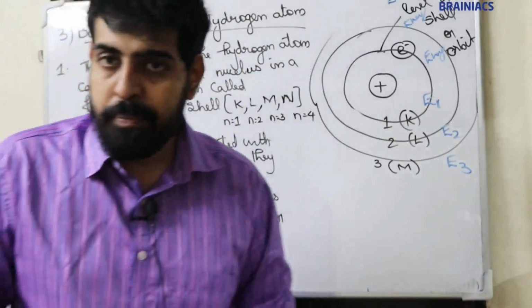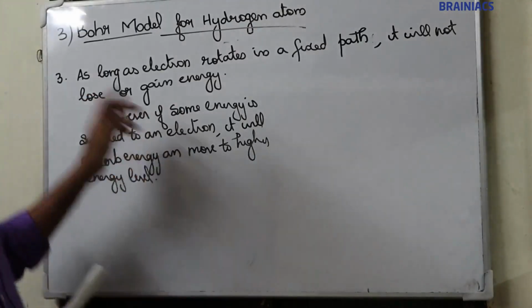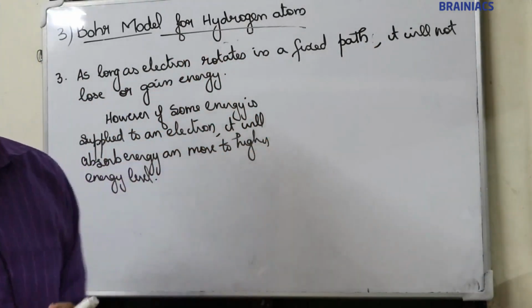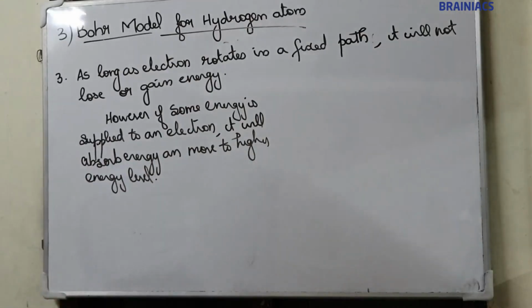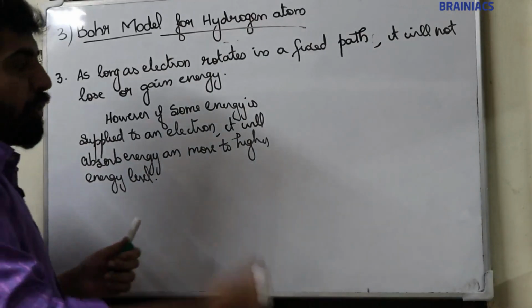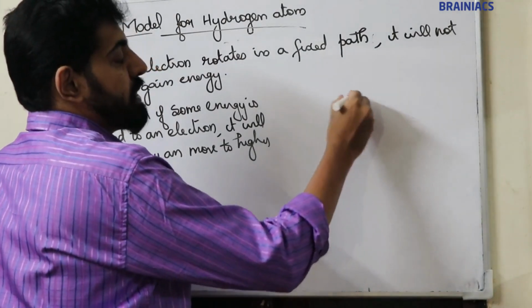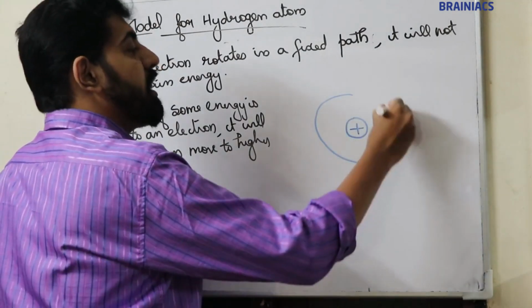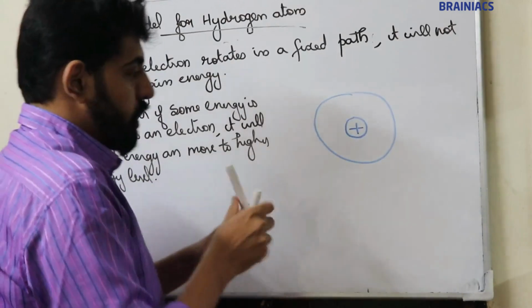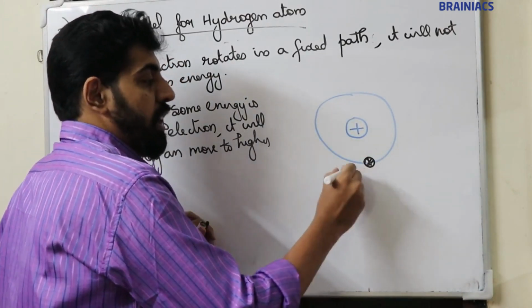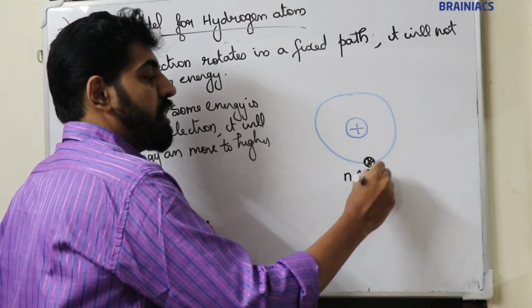I think it's clear. Moving on to the third postulate. As long as the electron revolves or rotates in a fixed path, it will not lose or gain energy. That means if you consider the hydrogen atom, in the hydrogen atom the electron is present at n equal to 1, the K shell. Let this be the electron in the n equal to 1 shell or K shell.